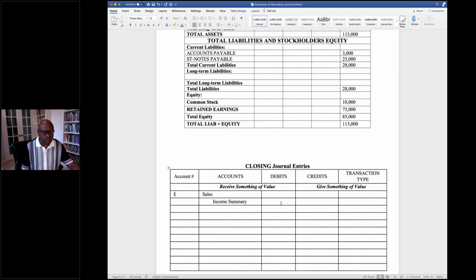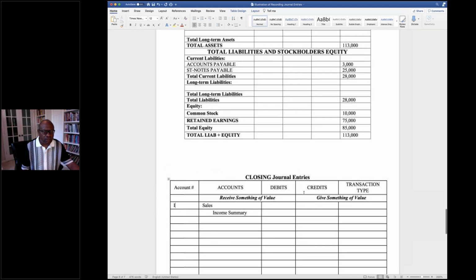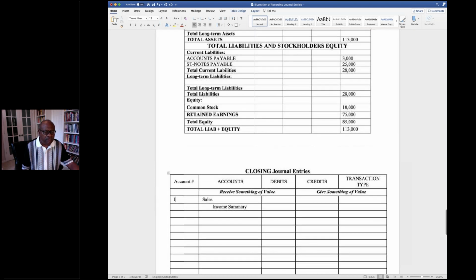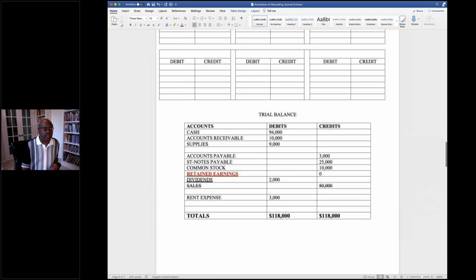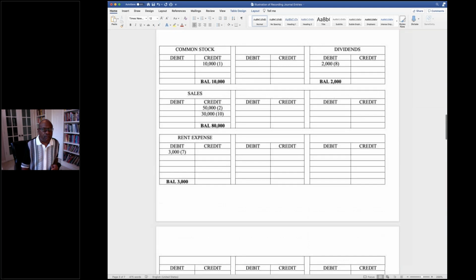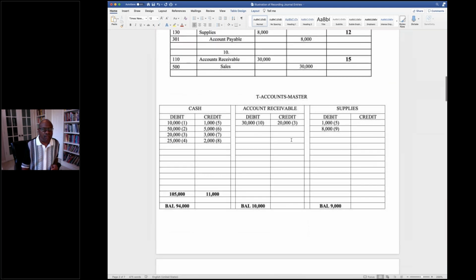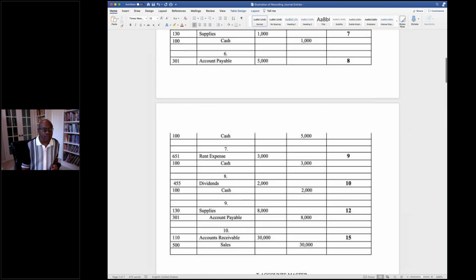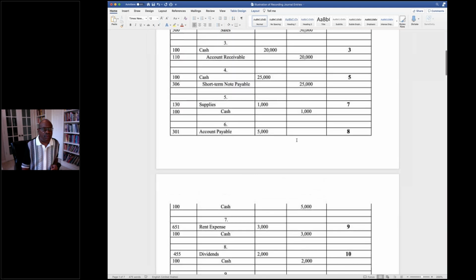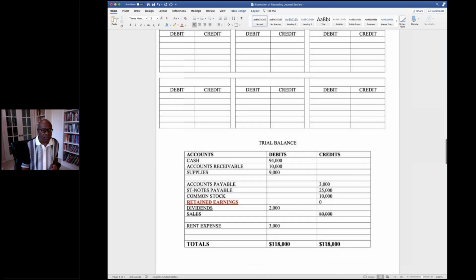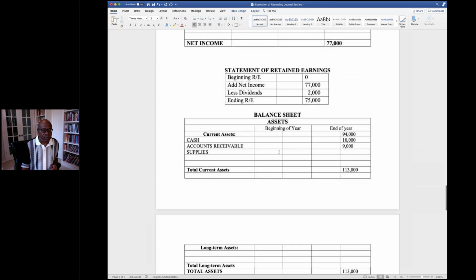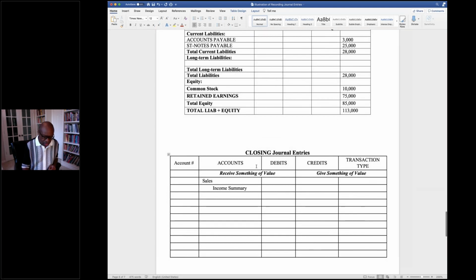So that we don't get confused, let us go ahead and put the accounts in. Sales is 500. So let's just go ahead and put the 500 here.